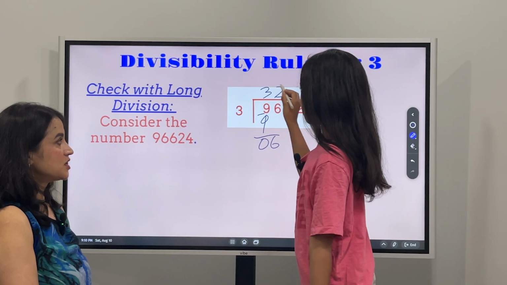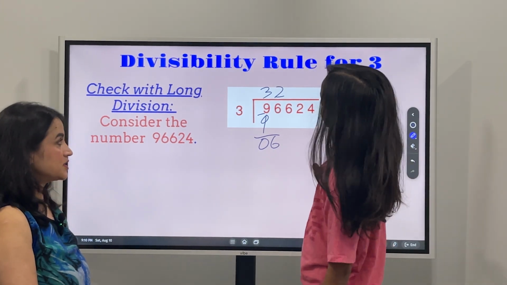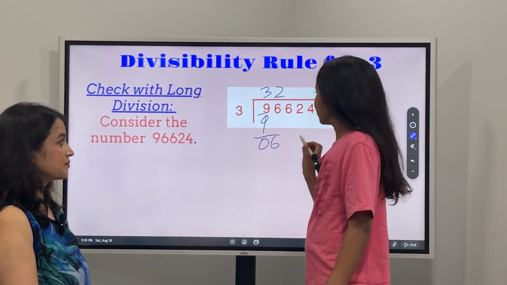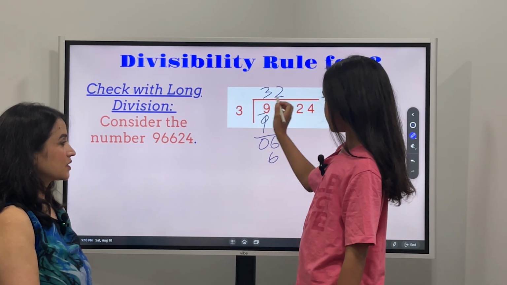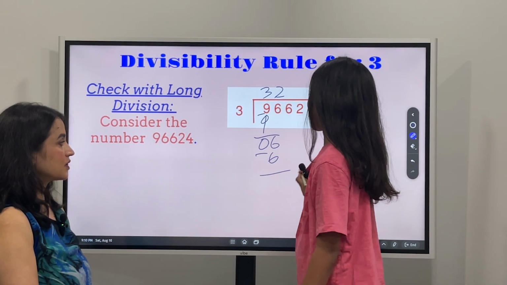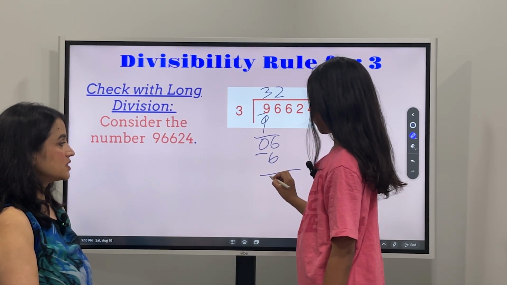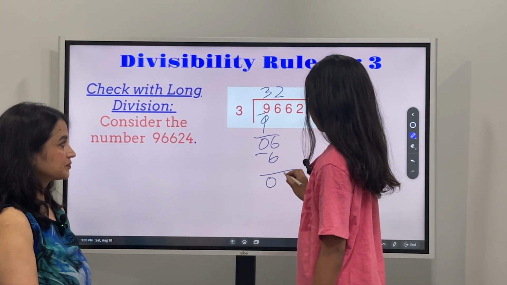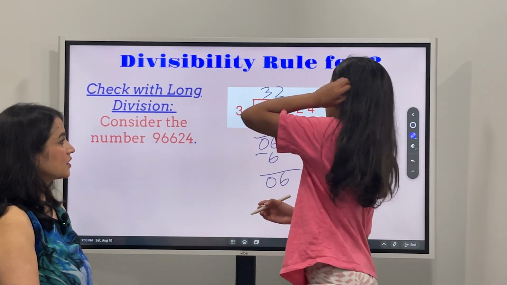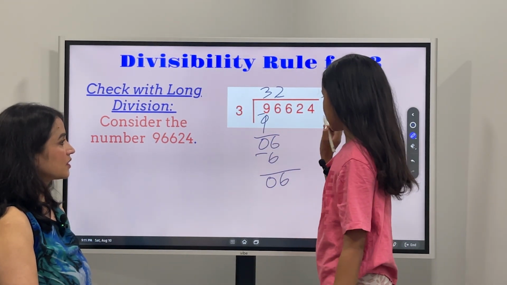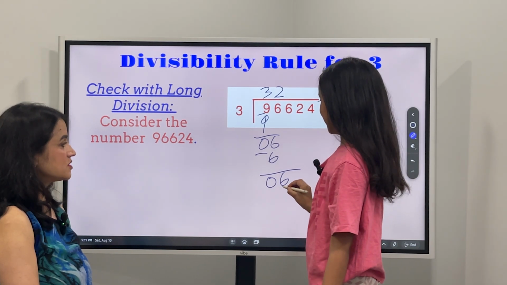It will be 2, because 3 times 2 is 6. Then we minus it, which is 0. And then we bring down another 6, and then back to 6.